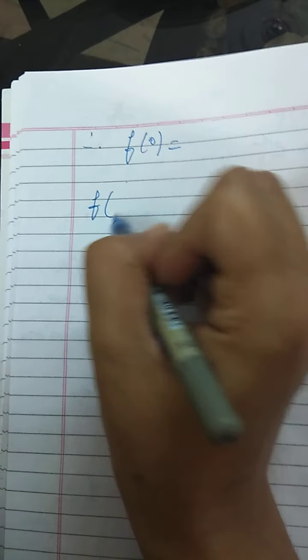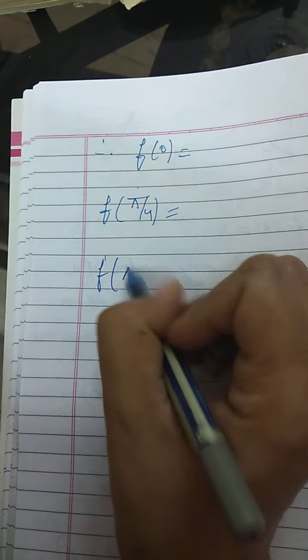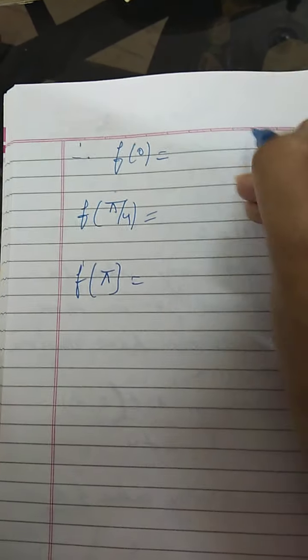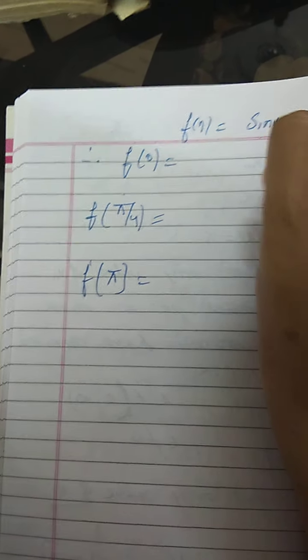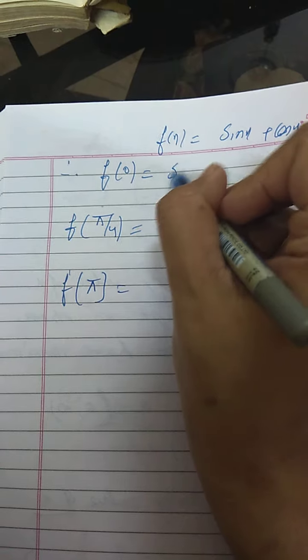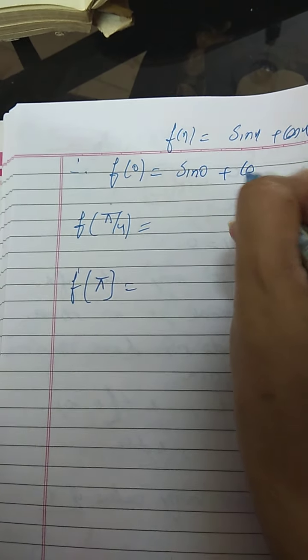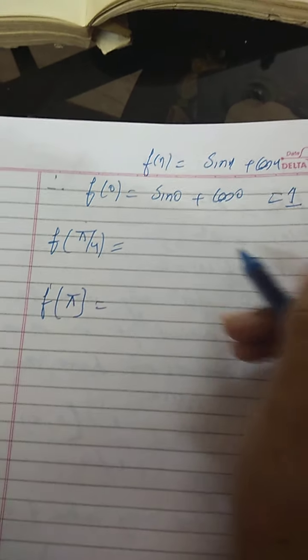So what we will do here, we will find f of 0, we will find f of pi by 4, and one more, we will find f of pi. F of 0, what is the function given here? The function is given sin x plus cos x, right? So f of 0 means sin 0 plus cos 0. Sin 0 is 0, cos 0 is 1, so we are getting here plus 1.